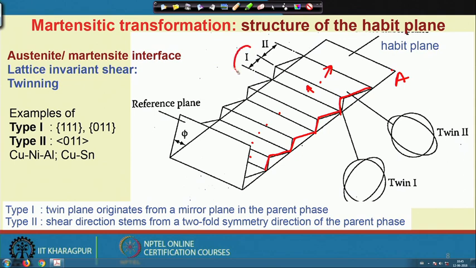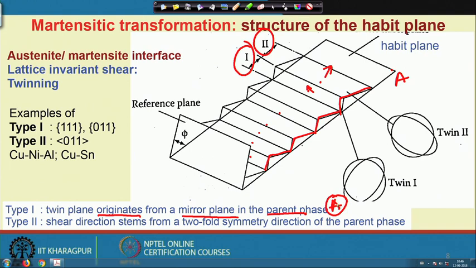So, we represent here in terms of a type 1 and type 2 twin. Usually a type 1 twin is involved and originates from the mirror plane of the parent phase. Here the parent phase is definitely the austenite. However, in the case of a type 2 twin, the shear direction stems from the two-fold symmetry direction of the parent phase.